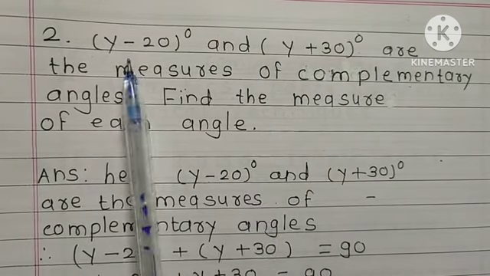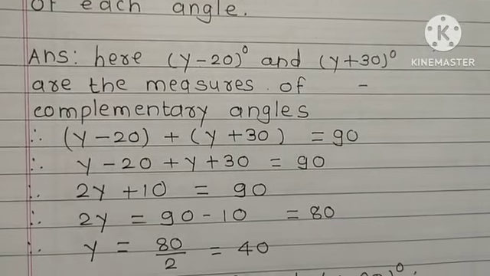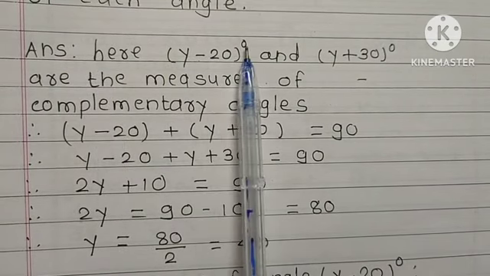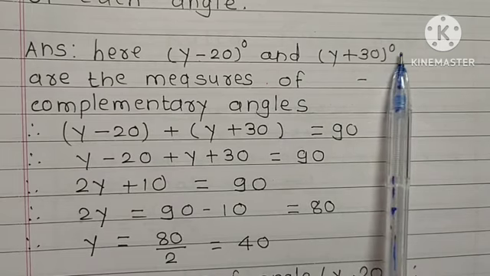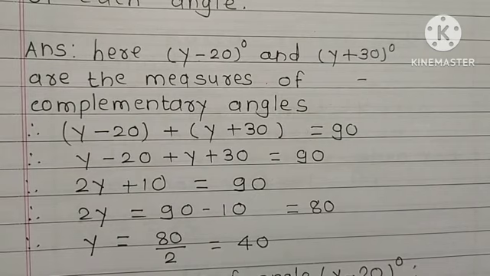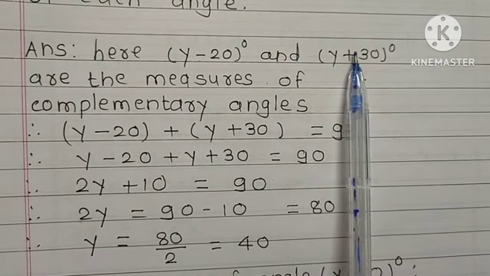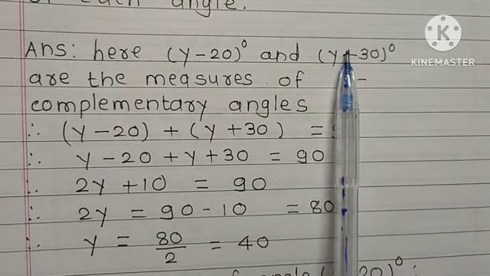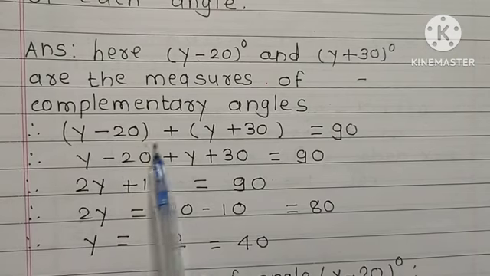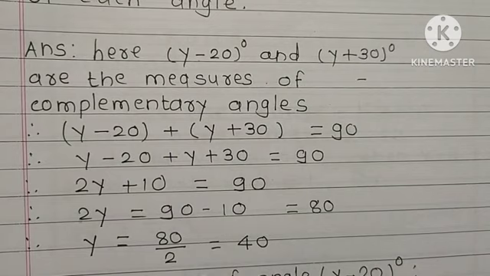So first of all, these two angles are complementary angles. Therefore, we start with the answer. Here y minus 20 degree and y plus 30 degree are the measures of complementary angles. If these two angles are complementary, their sum is 90 degree. So y minus 20 plus y plus 30 is equal to 90.